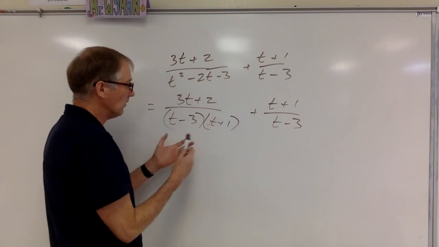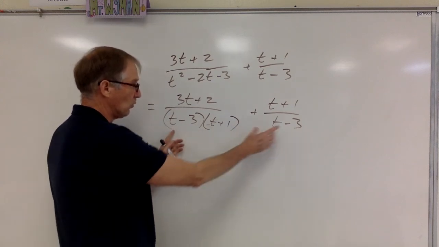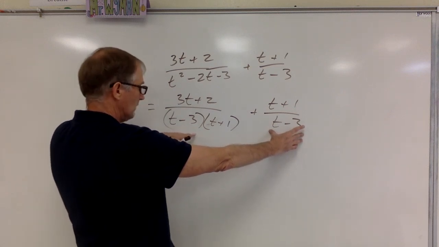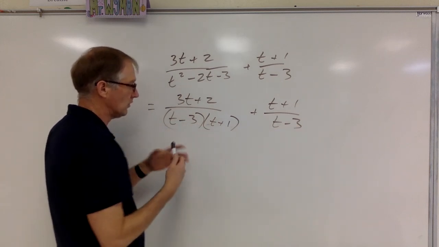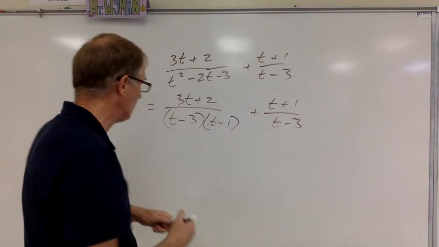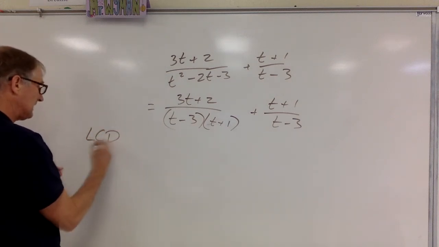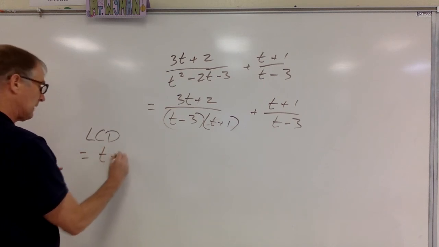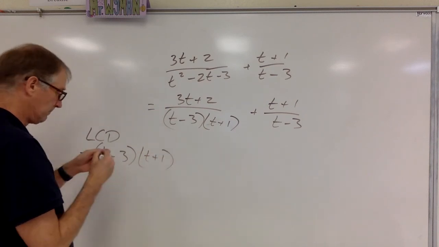So what's the lowest common multiple? The lowest common multiple is remember, when these factors occur the most times in either one, well, t minus 3 just occurs once. And then this occurs once. And so your lowest common multiple is the lowest common denominator. So the LCM is the LCD, lowest common denominator, which would be t minus 3 and t plus 1.